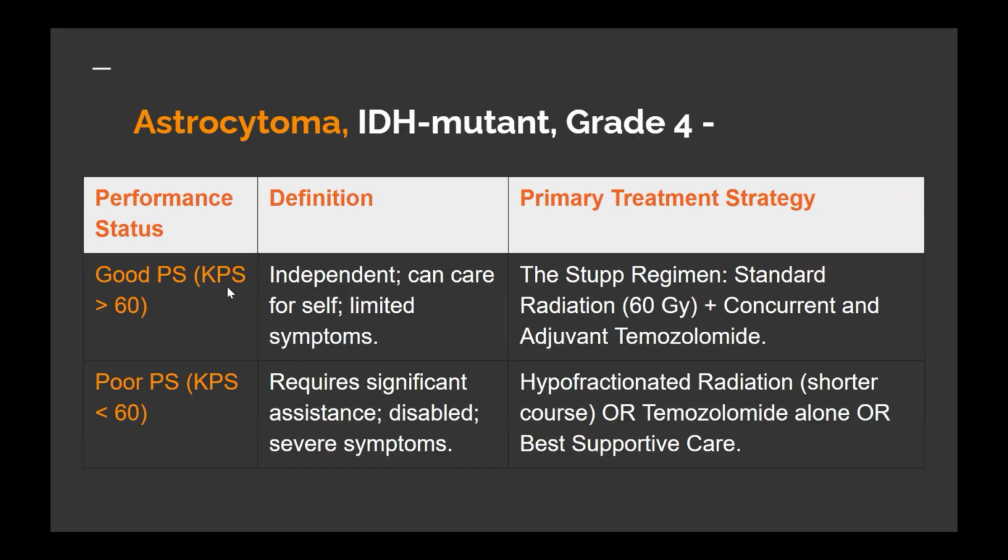Any patient who has a good KPS, more than 60, we are going to follow the standard Stupp regimen. For patients who have poor KPS, less than 60, we are going to go for hypofractionated radiation or temozolomide alone or only best supportive or palliative care.